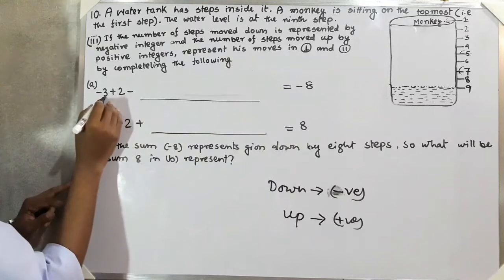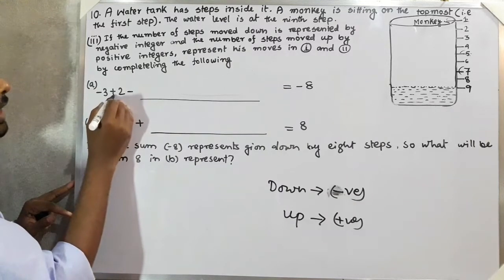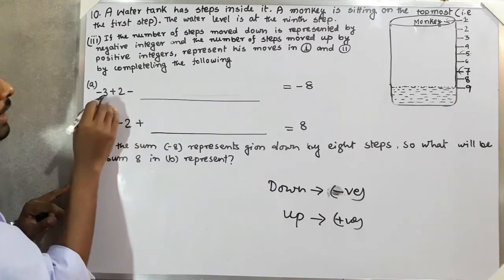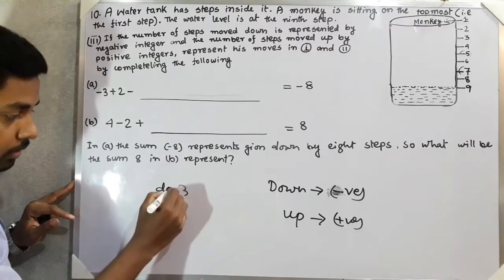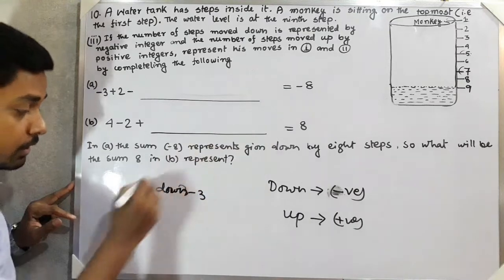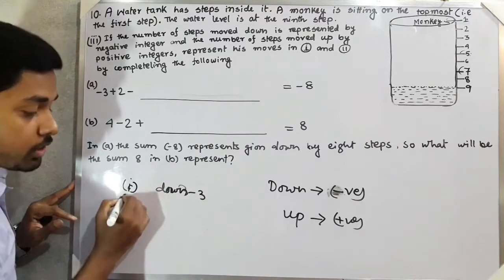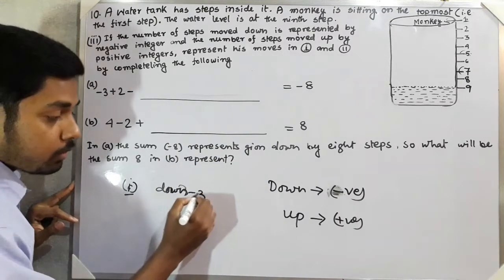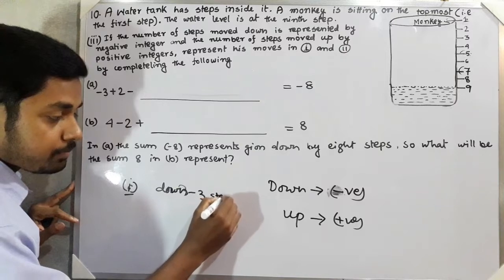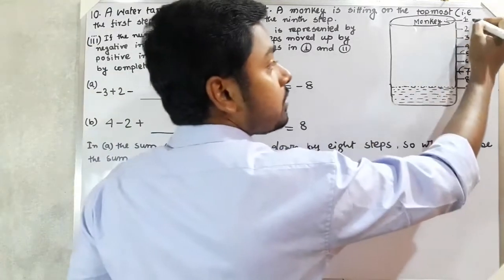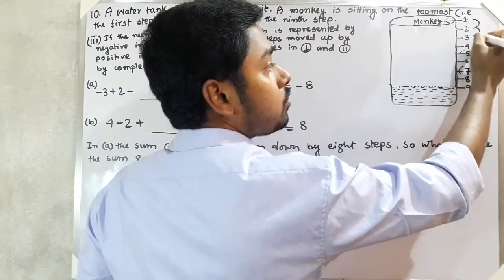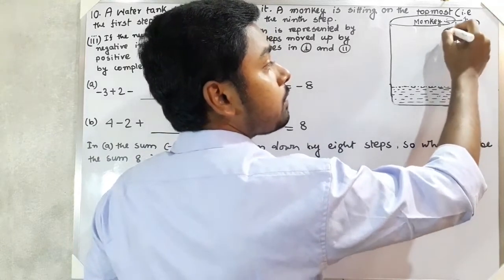So 3 steps down is minus 3, and 2 steps up. In question number 1, what we have done is down 3 steps and up 2 steps. First of all, 3 steps down, 1, 2, 3 down, then 2 steps up.